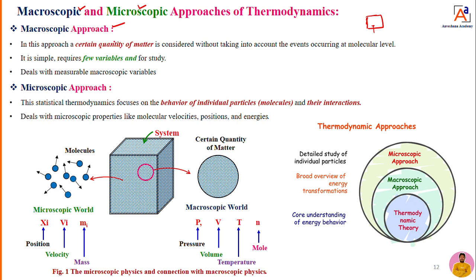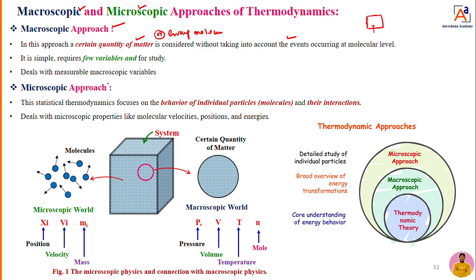It is the approach of thermodynamics in which a certain quantity of matter or group of molecules is considered for the thermodynamic study. But here we are not at all considering the behavior or characteristics of the individual particles or individual molecules. That study we call a macroscopic approach.